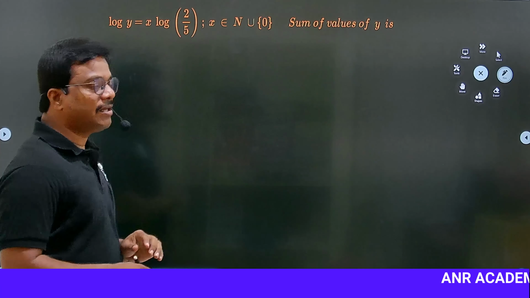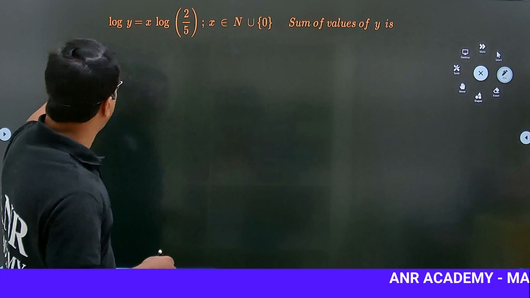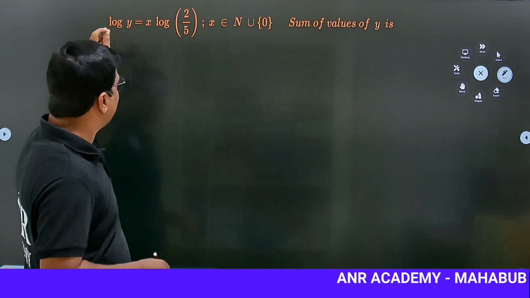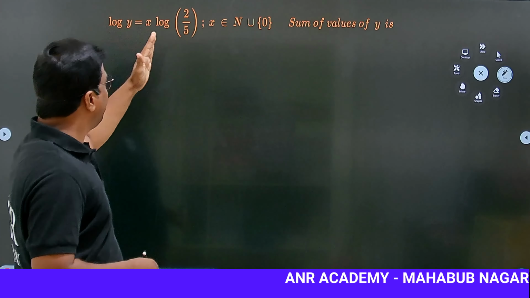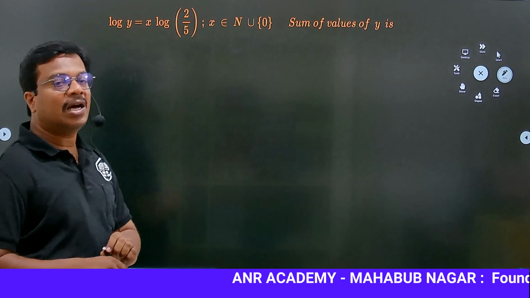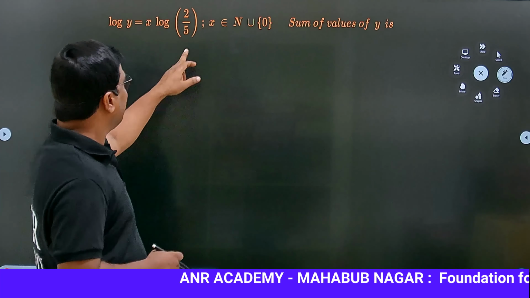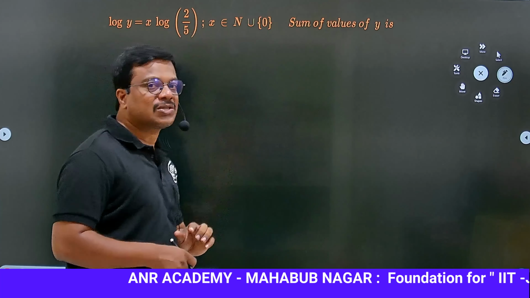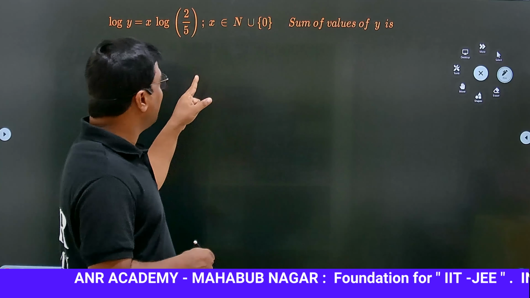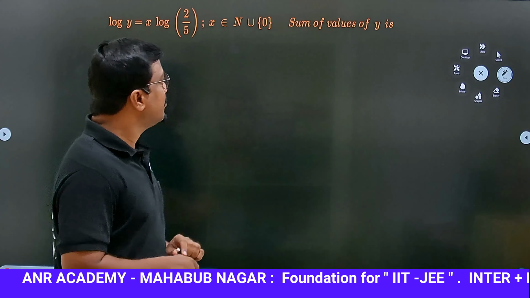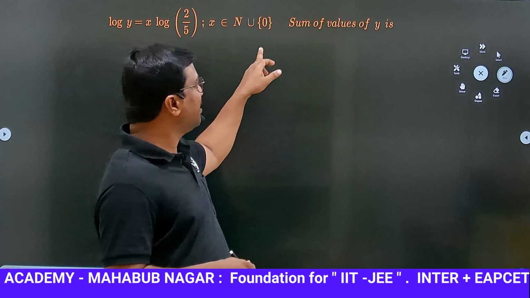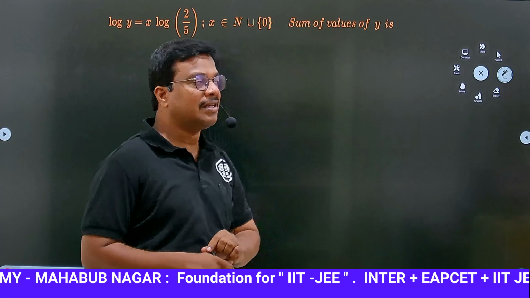See the question. Left hand side you have log y, that is equal to, in the right part, x into log 2 by 5, and given the condition x belongs to natural numbers union the singleton set 0, and the question is to find the sum of values of y.